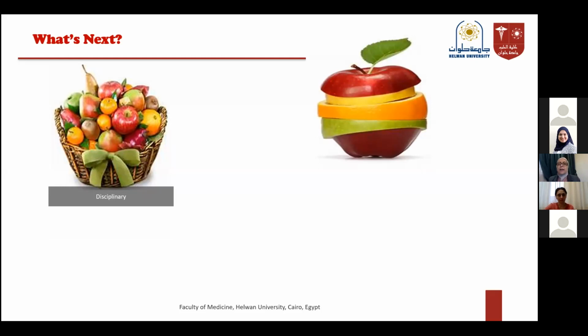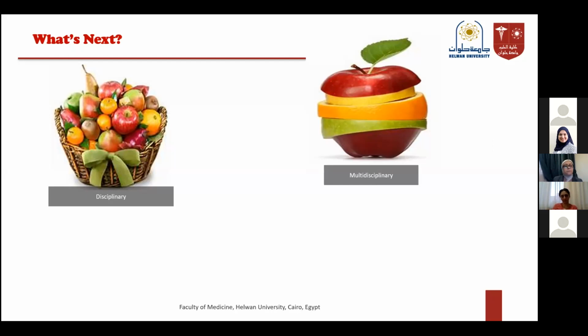What if I gave you a slice from each of these fruits? You can make use of them better, okay? And this is what is called multidisciplinary. So if I'm investigating breast cancer, for example, and I'm giving it to you from the pathologic point of view only, can I treat the patients?